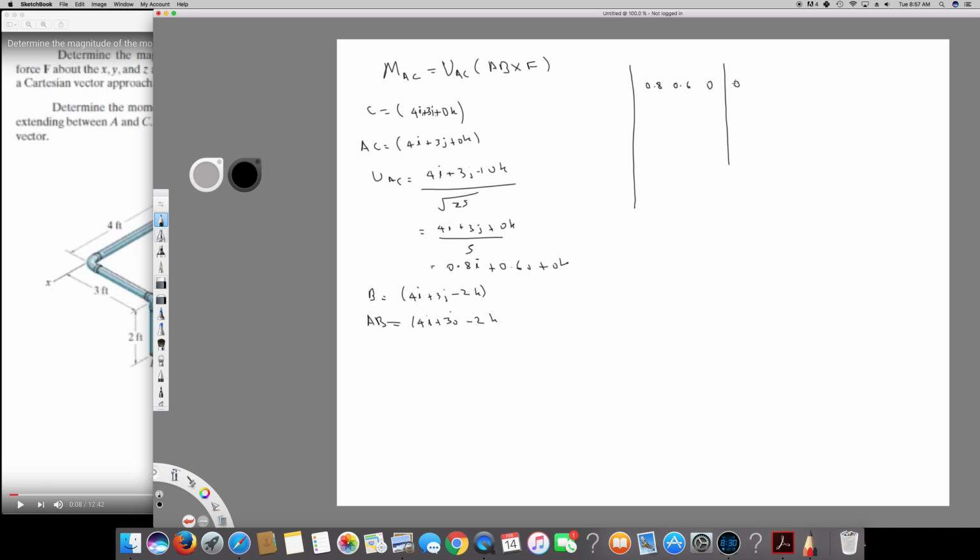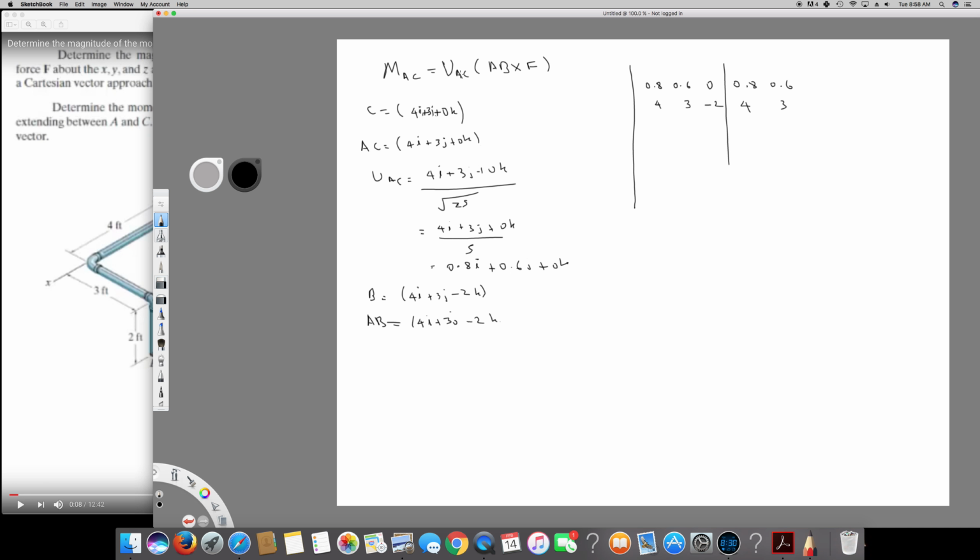Then I have to copy this again to cross it: 0.8, 0.6, 0, and in the bottom I have to copy AB, so it's 4, 3, minus 2, 4, 3.